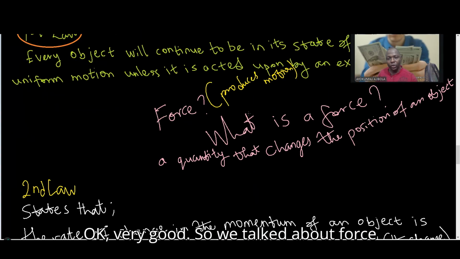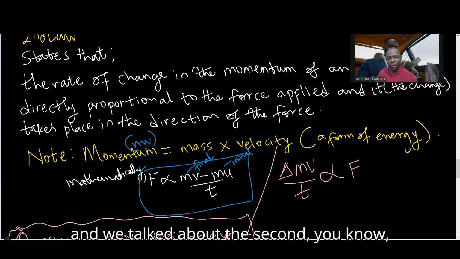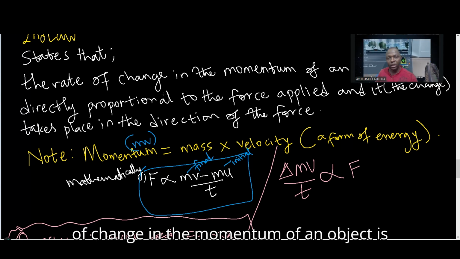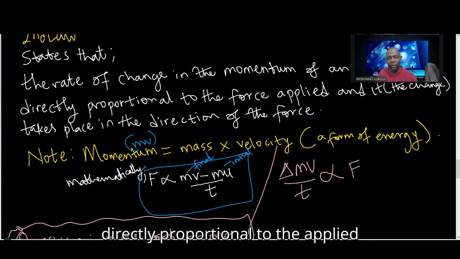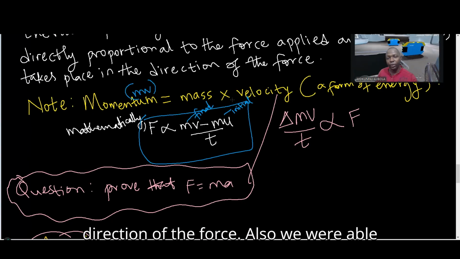Okay, very good. So we talked about force, and we talked about the second law of motion that states that the rate of change in the momentum of an object is directly proportional to the applied force, and the change takes place in the direction of the force.